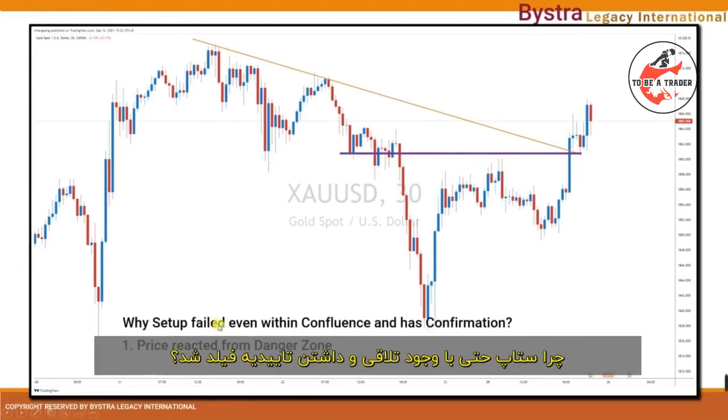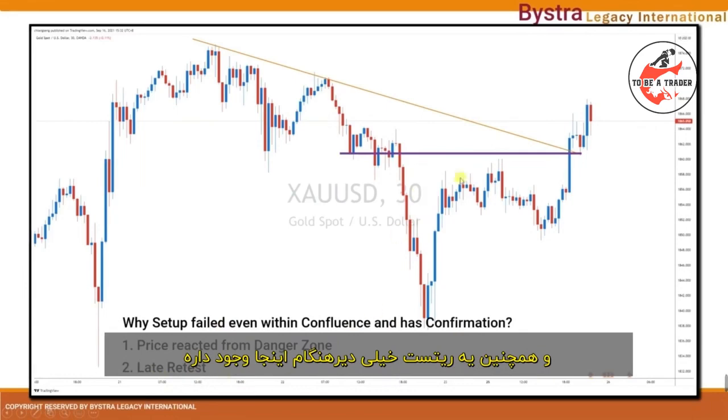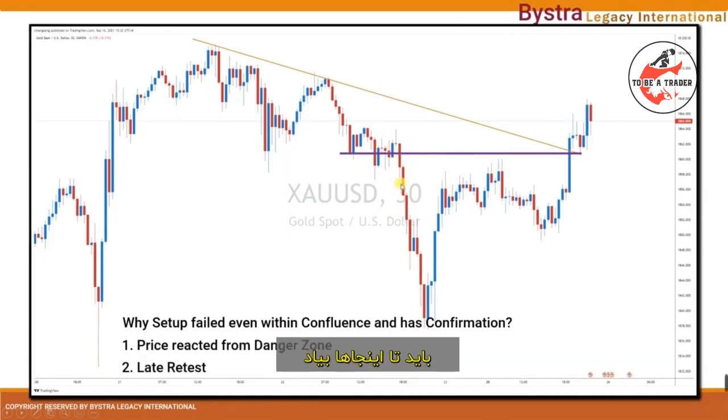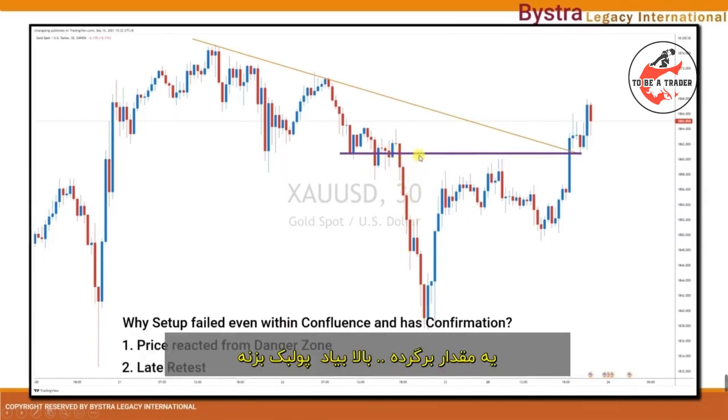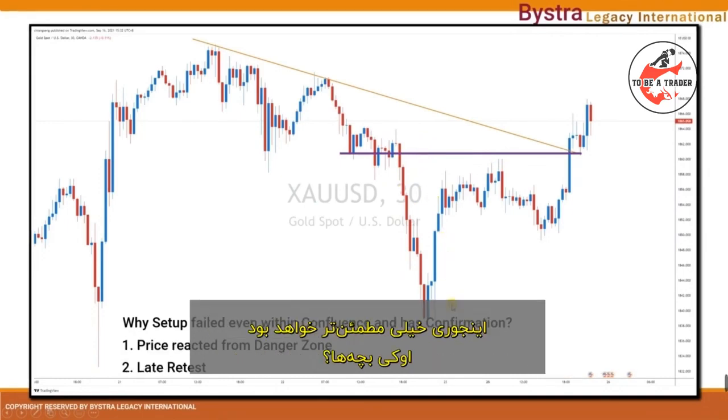Why did the setup fail even with confluence and confirmation? Because price reacted from the danger zone, and it is also a very late retest. Price, instead of coming all the way down, should have just come somewhere around here, reacted a little bit, gone up, pulled back, taken this order and continued down. Then it would be much safer that way.